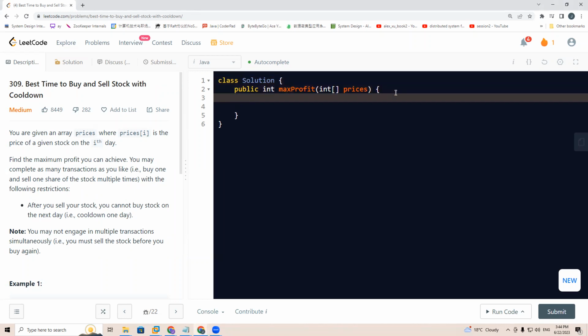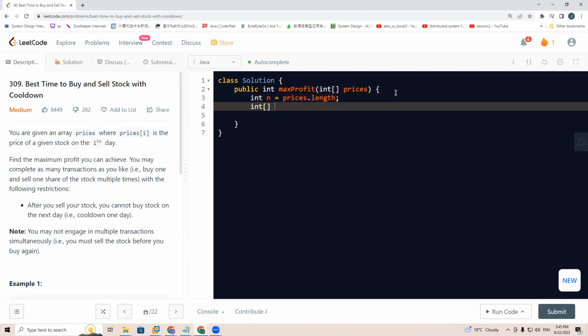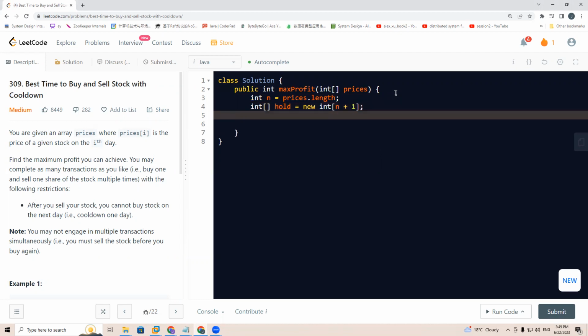So similar to the previous question, when we have the prices array, we are going to use hold equals new int array of size n plus one. It means we have stock on this day. For the previous day, index i minus 1, the max profit, and also sold, we make it sold[i] plus one.